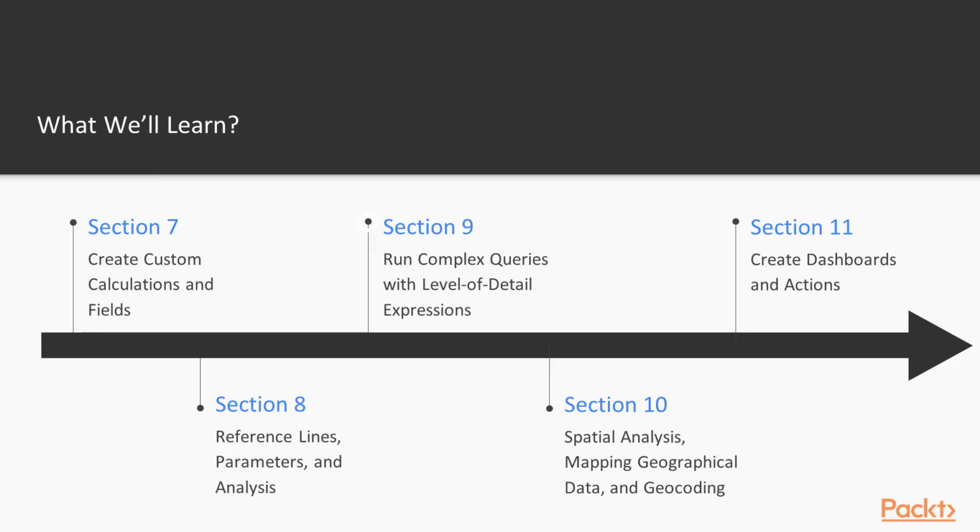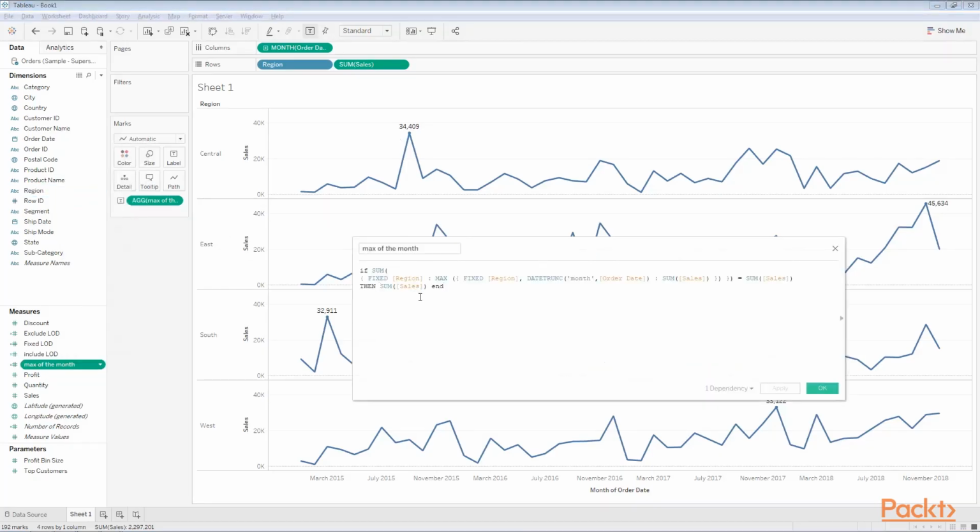In the next section, we will see complex queries and level of detail expressions. Level of detail expressions are the next level of calculations inside Tableau. With their help, we can add more insight into the data and into your dashboard.